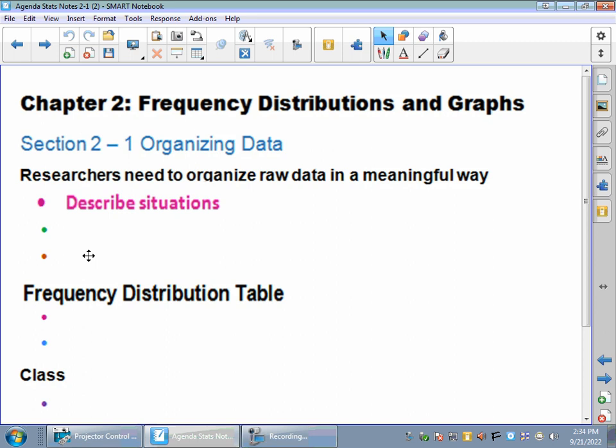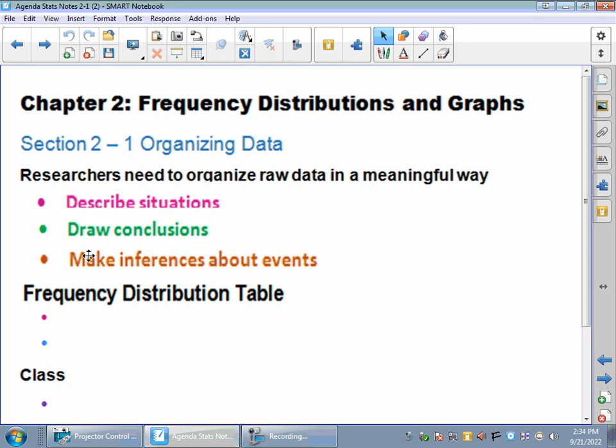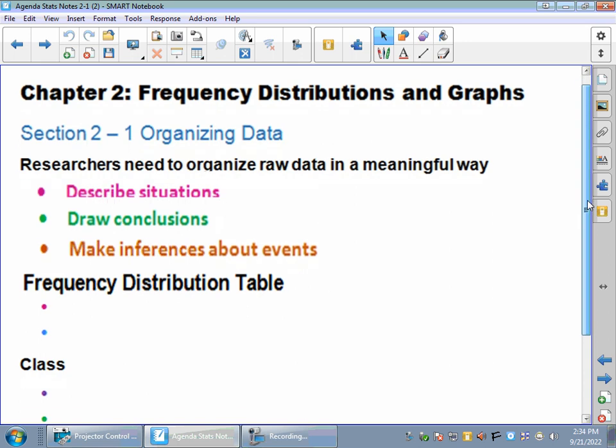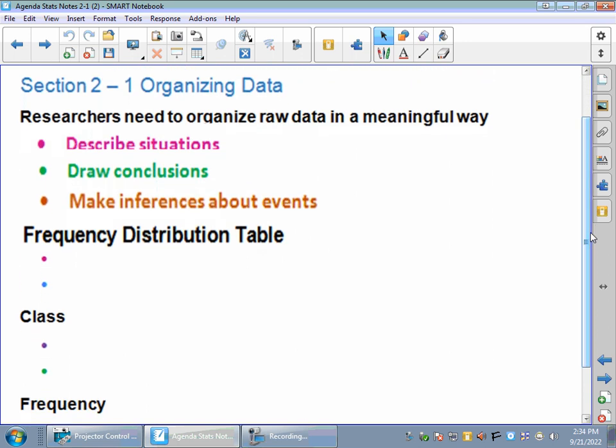That's descriptive statistics, right? It's data only. But we also organize our data to draw conclusions or to make inferences about events. That's inferential statistics. So using our data in some way graphically helps us to use descriptive and inferential statistics.